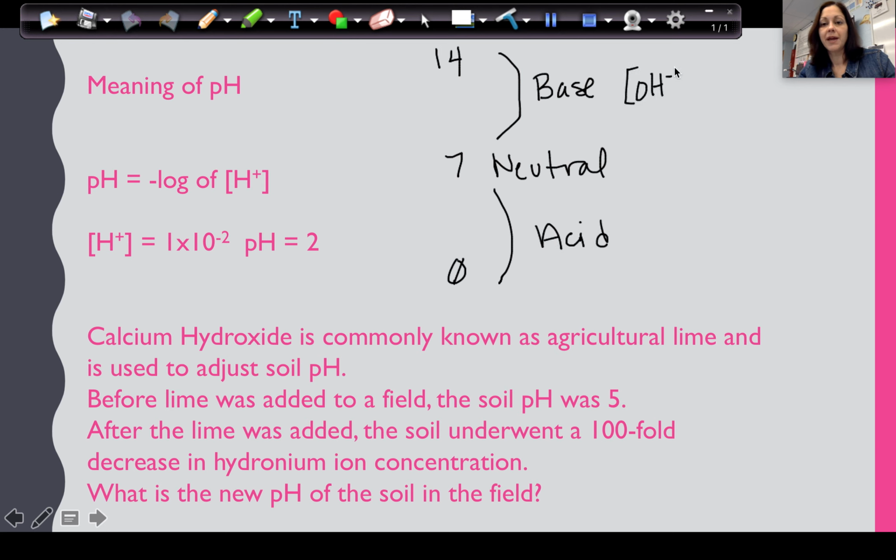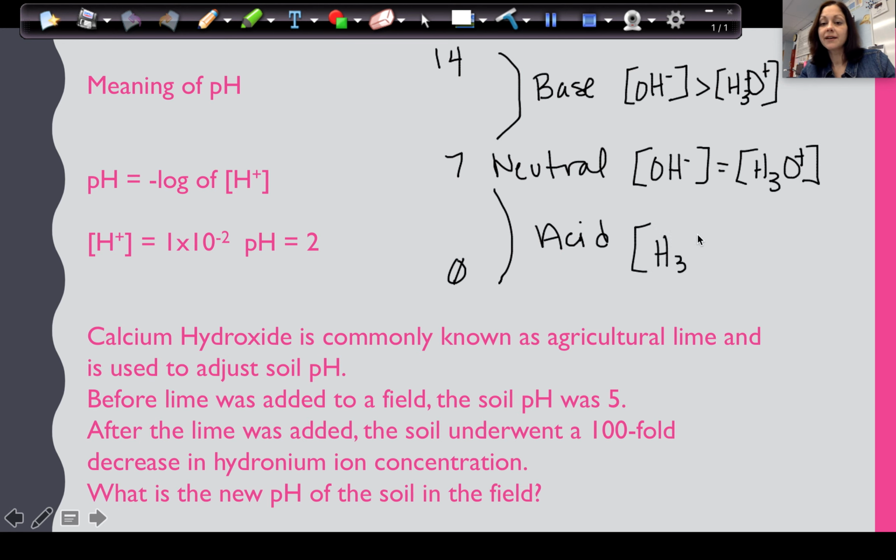Remember that for base, we have both OH minus and H3O plus, but the OH minus is greater. At neutral, OH minus and H3O plus are equal to each other. And when we have an acid, it's the H3O plus which is greater than the OH minus concentration.